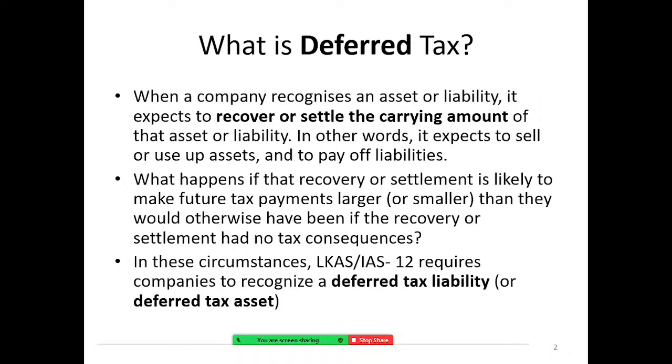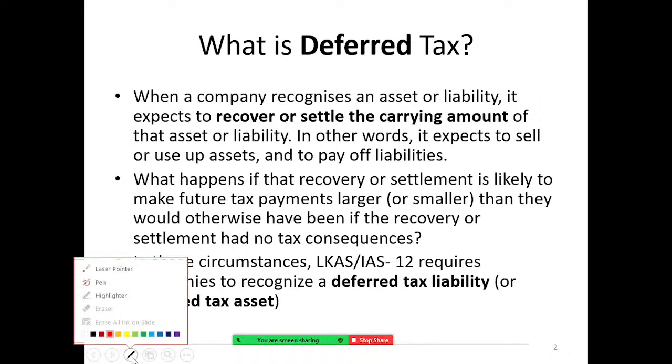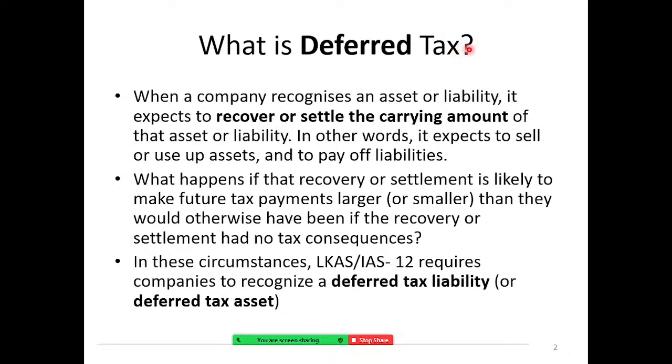When a company recognizes an asset or liability, it expects to recover or settle the carrying amount of that asset or liability. In other words, it expects to sell or use up assets and to pay off liabilities.